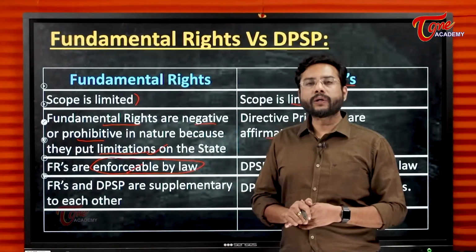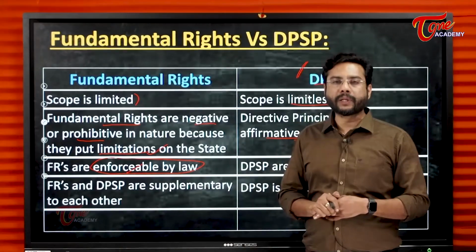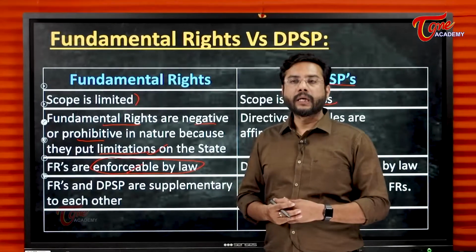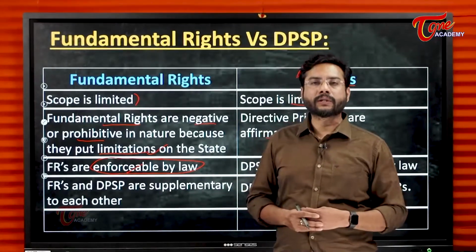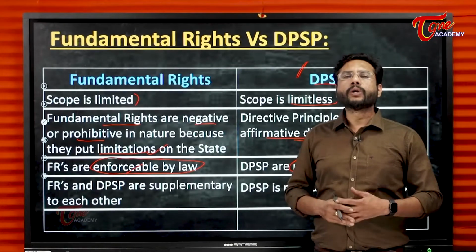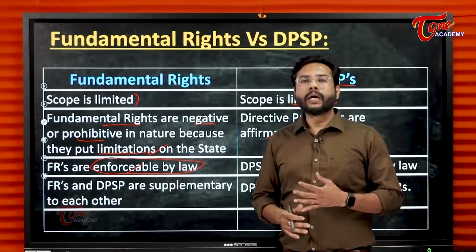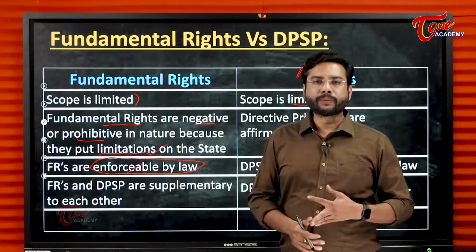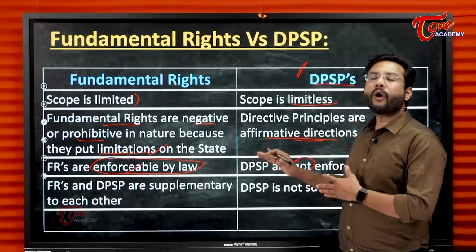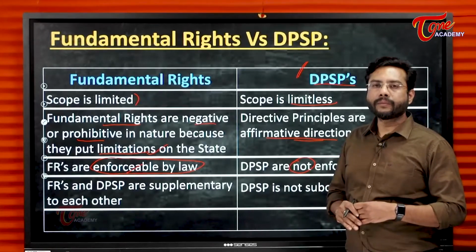So we cannot enforce all those provisions mentioned in the directive principles because we need a lot of resources for that, be it natural resources or intellectual resources, and we need to get out of so many social evils like illiteracy, poverty, malnourishment, etc. So we have not made DPSP enforceable by law.